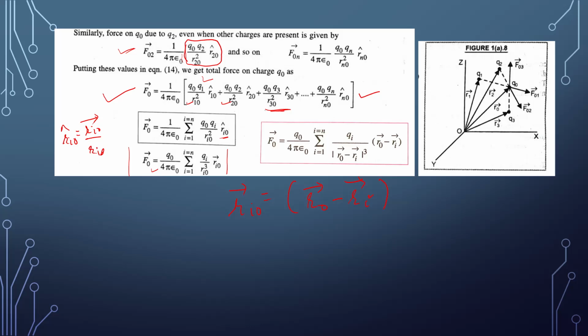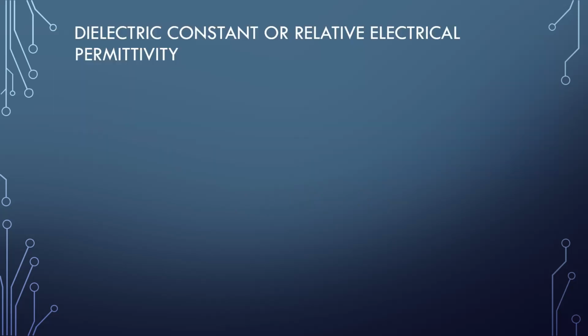This is also in the vector form only, and therefore the expression becomes Q naught upon 4 pi epsilon naught summation of i is equal to 1 to n Qi upon the magnitude of R naught vector minus Ri vector, cubed, into R naught vector minus Ri vector. So this is the principle of superposition. Hope you have understood this principle of superposition.